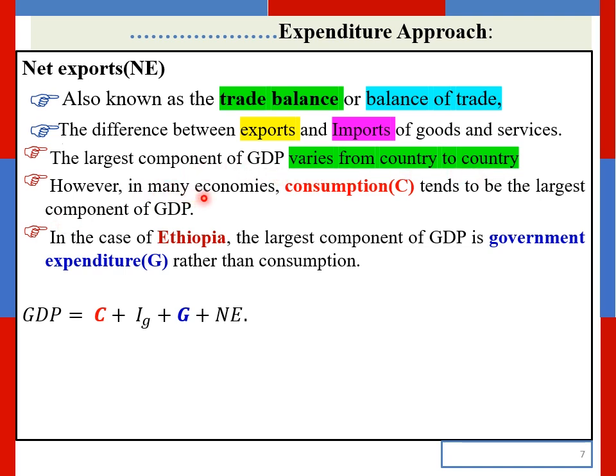However, in many economies, consumption tends to be the largest component of GDP. From the elements of the GDP, consumption is the largest one. However, this is not similar all over the world. It is different from country to country. For example, when take in case of Ethiopia, the largest one is G. Government expenditure is the largest one.